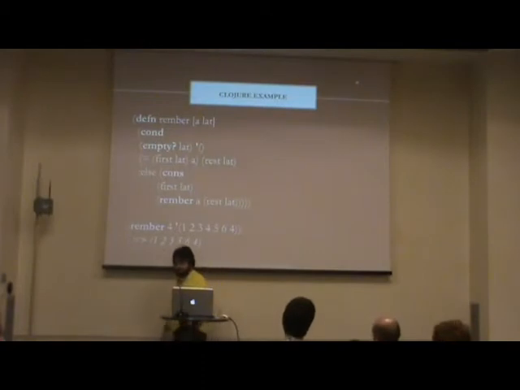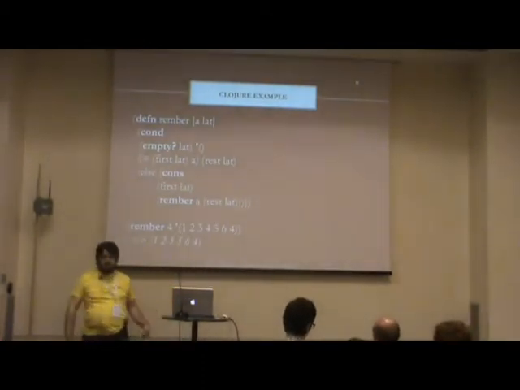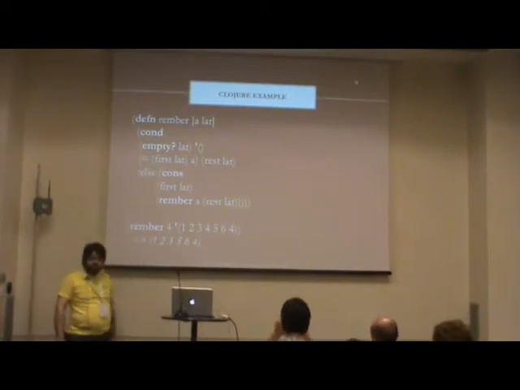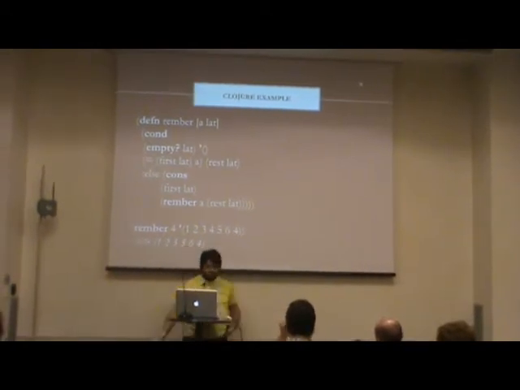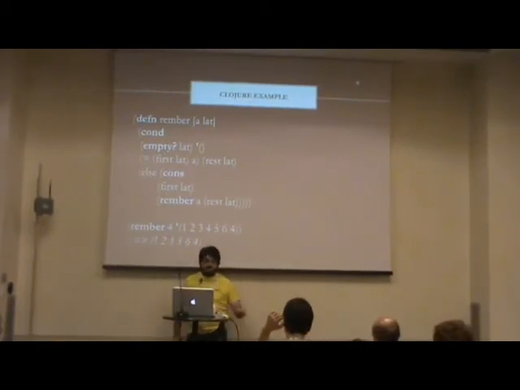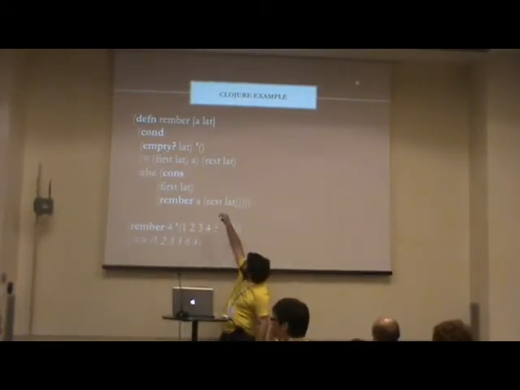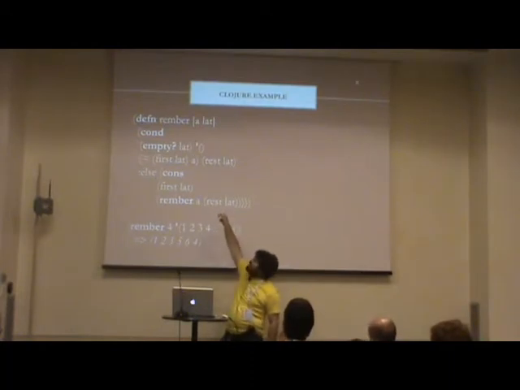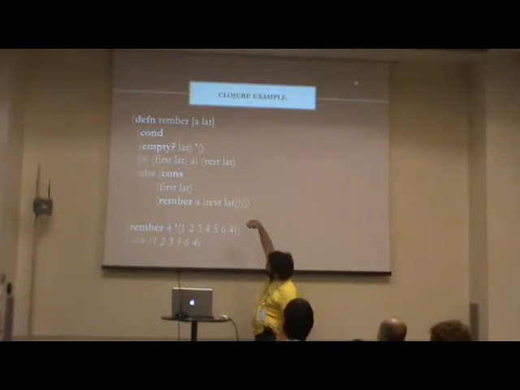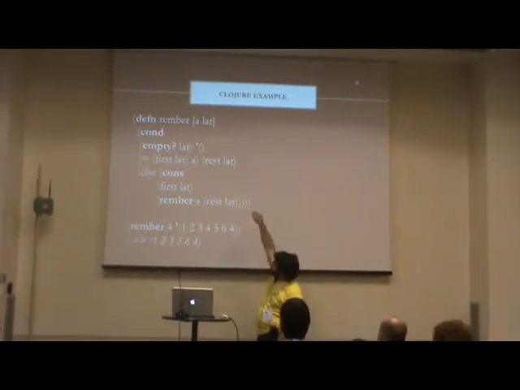And this is the first example of Clojure code. This is a famous example from The Little Schemer, one of the first recursive functions. It just takes a sequence of elements and removes the first instance of a. Okay? Lat here is the sequence. And it's a recursive definition. So if the list is empty, then return the empty list.